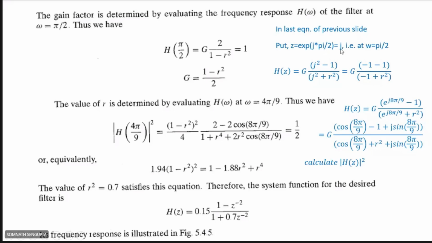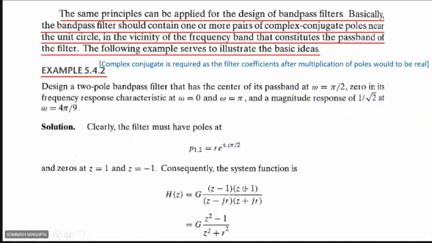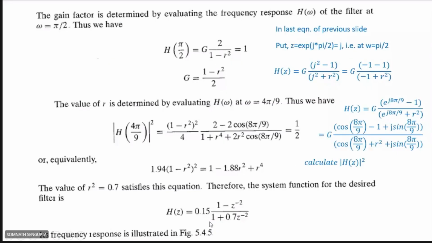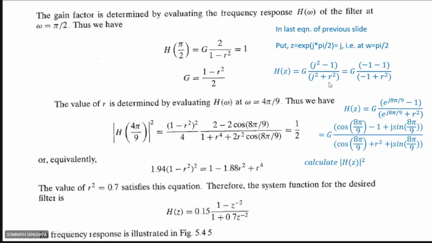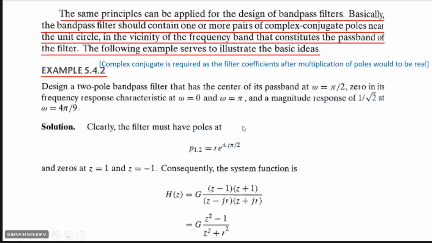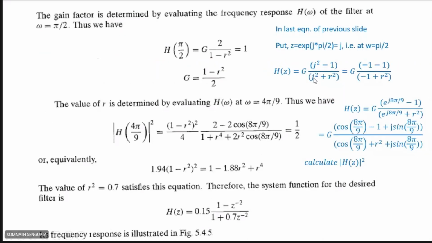We get the value Z is equal to j. So we put Z is equal to j. So we get j square minus 1, according to this equation, z square minus 1. So it is j square minus 1, and in the denominator it is z square plus r square. In place of z we write j.